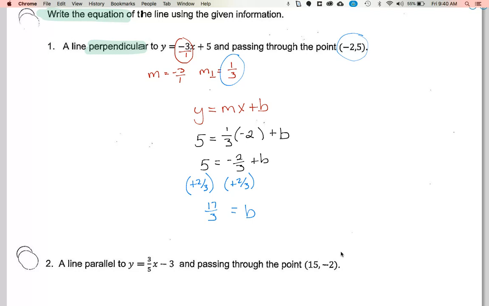So putting that all together now, here's our slope and our b value. So we have y equals 1/3 x plus 17/3.